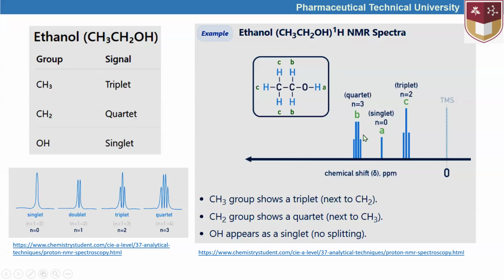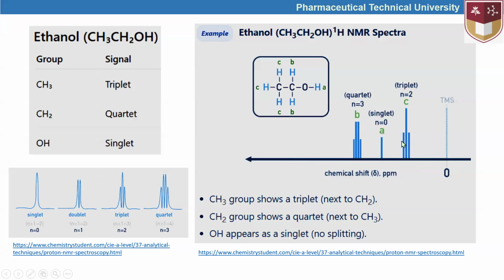This quartet belongs to these two hydrogens, which means it has three neighboring hydrogen atoms. Three neighboring hydrogen atoms plus one, so they are four. And in this C category, there are two hydrogen atoms in the neighboring carbon, two plus one. So they are triplet.